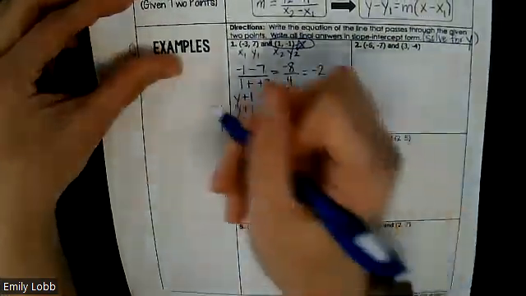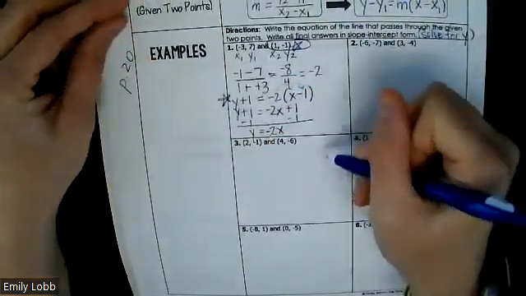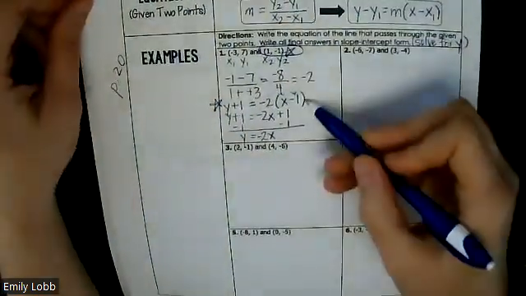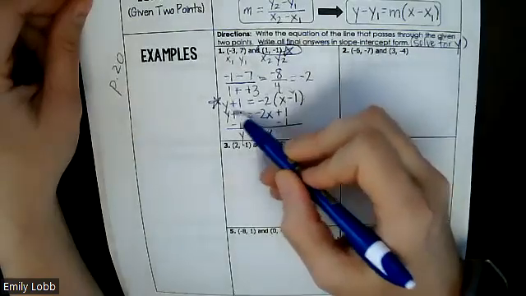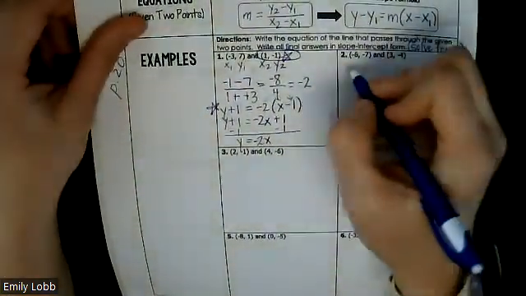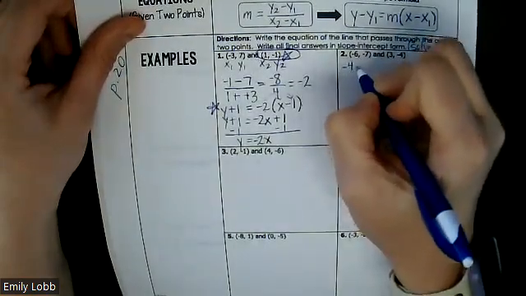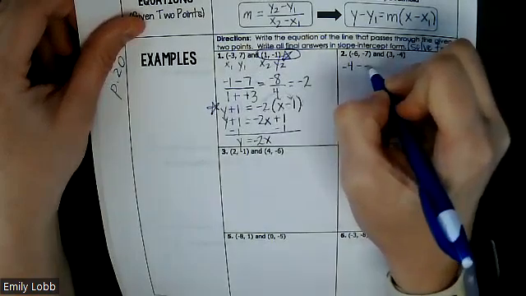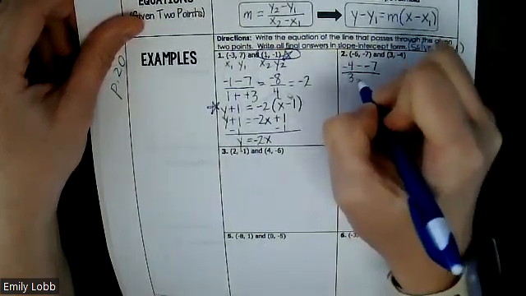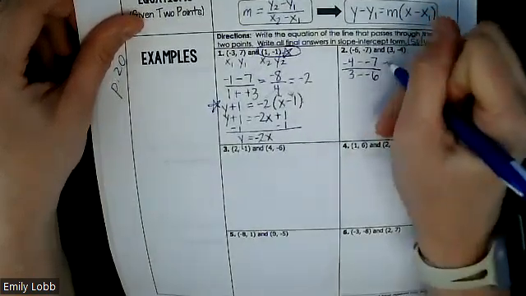All right, so typically this is where you're going to be able to stop, but it's good practice to know that to solve for y, we have to distribute to get rid of the parentheses, and then we have to get rid of the constant that's tied to y. All right, so again, we're going to find the slope. We're going to take y2 minus y1 all over x2 minus x1.